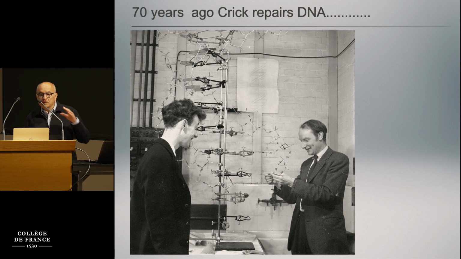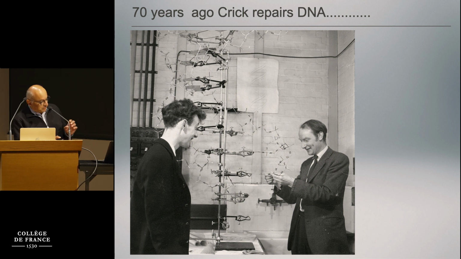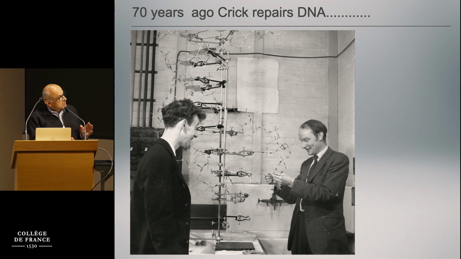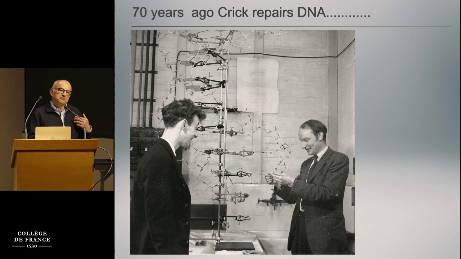It shows Francis Crick with his hands wrapped around the double helix. And he probably didn't know it at the time because what he was doing was fixing base damage, a repair reaction called base excision repair. But in fact, he wasn't doing it because he'd invented the field, but actually he needed to take this famous photograph, which is a subsequent one.